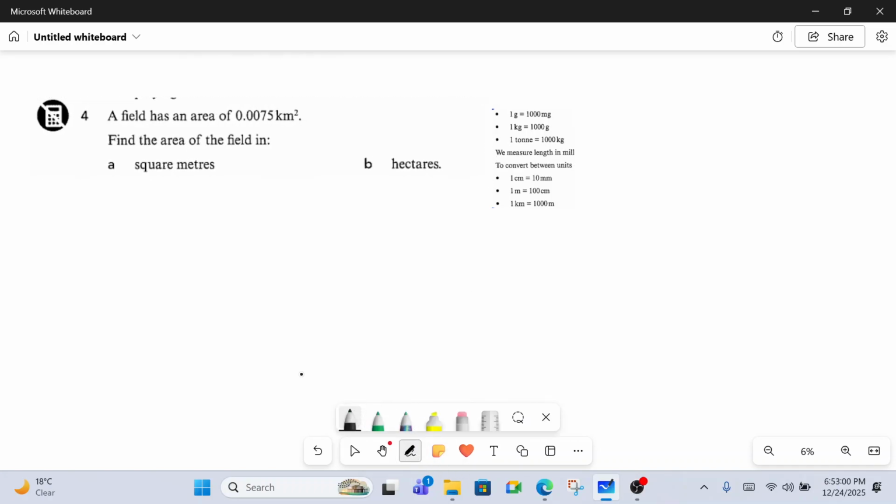Okay, so question number 4a tells us that a field has an area of 0.0075 kilometers squared. Find the area of the field in A square meters, B hectares. Okay, so to find this in square meters, what do we have to do? First of all, we have to write down given.